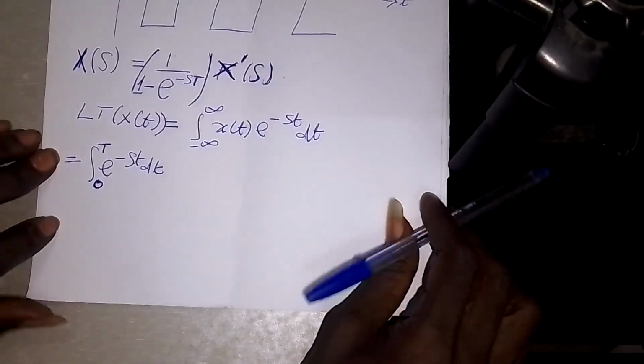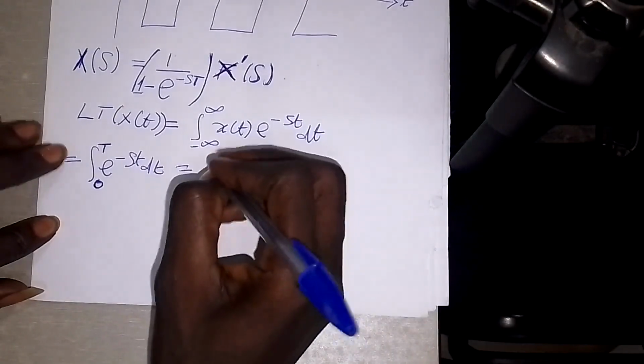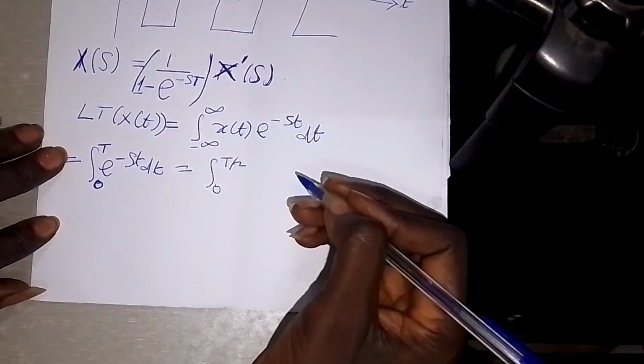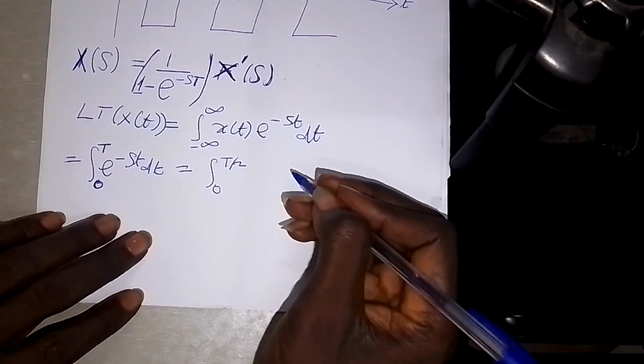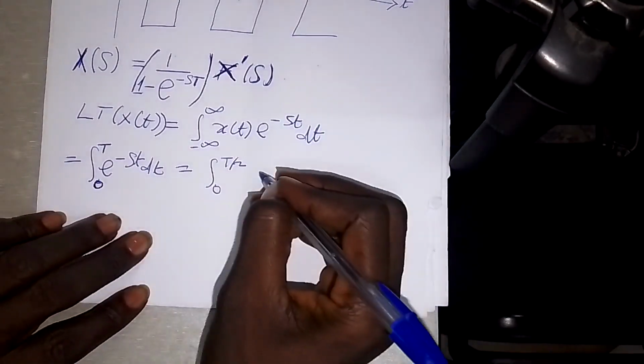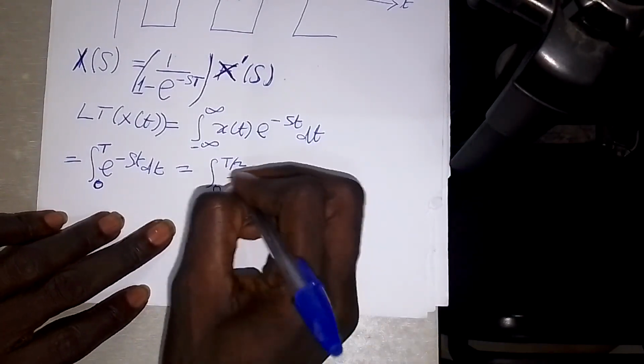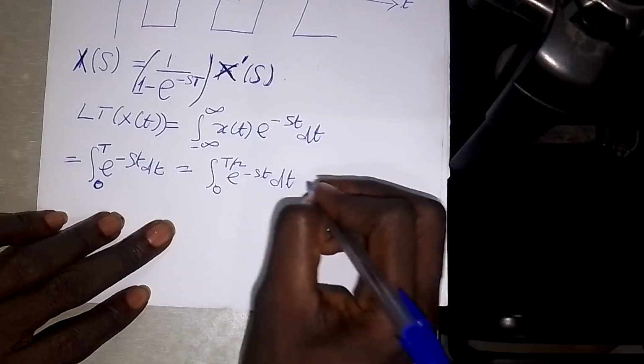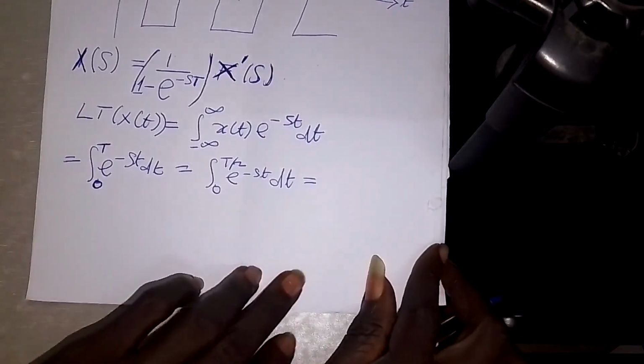So here I'll have the integral from 0 to T on 2 of e to the minus st dt.